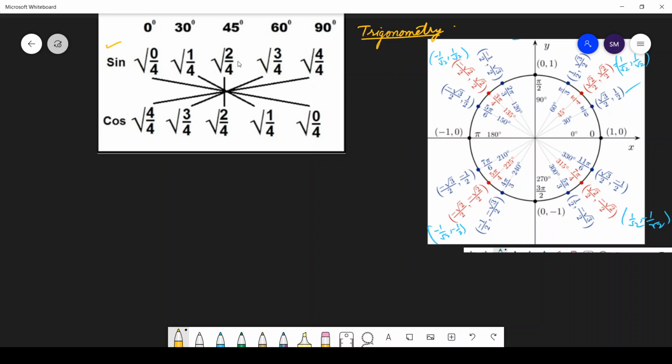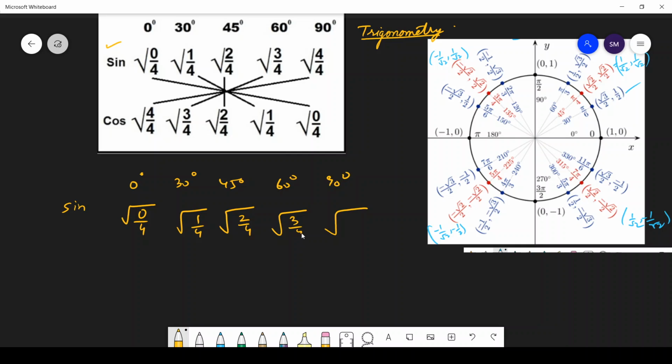I hope you people are aware of it. So write sine, then 0 degree, then 30 degree, then 45 degree, 60 degree, 90 degree, and then simply under the root 0 by 4, then 1 by 4, then 2 by 4, then 3 by 4, and then 4 by 4.